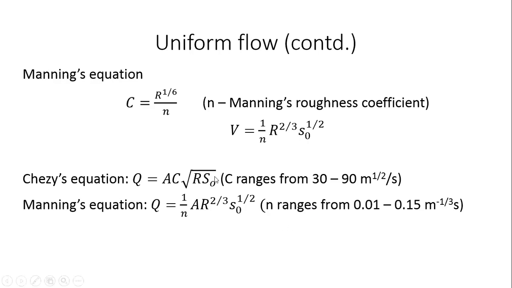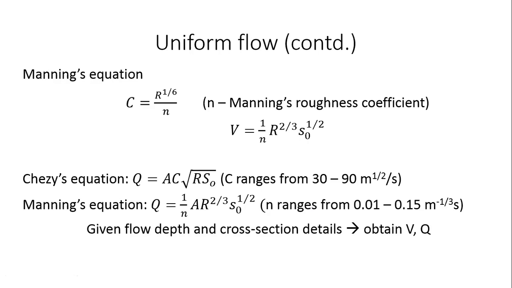Now both of these equations are very powerful, as I said. Suppose I give you the flow depth y and the cross section details, and of course I have to give you S naught also. Sorry, I forgot to mention that. If I give you S naught, flow depth and cross section details, you can very easily obtain V and Q using this equation.